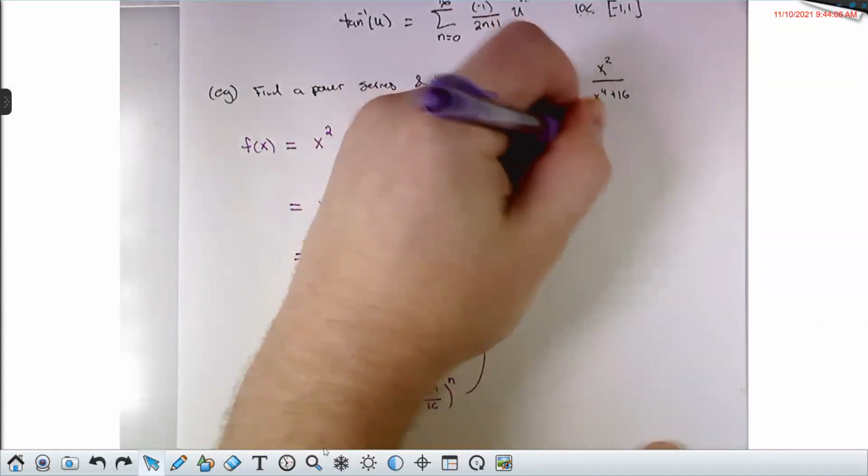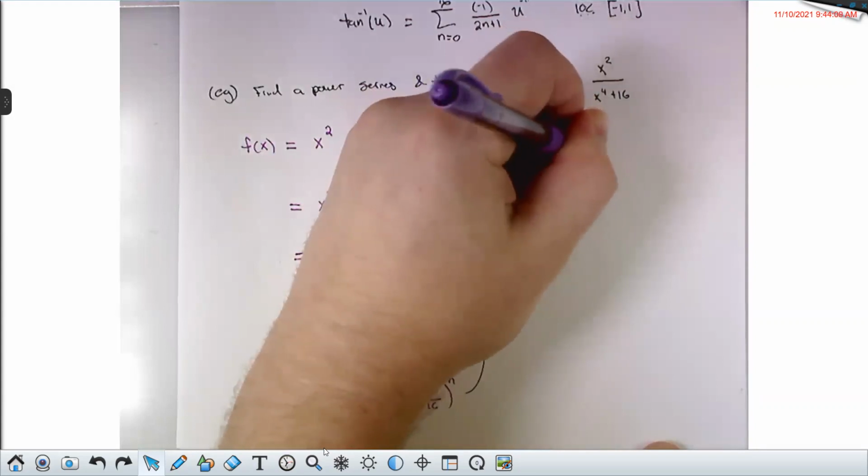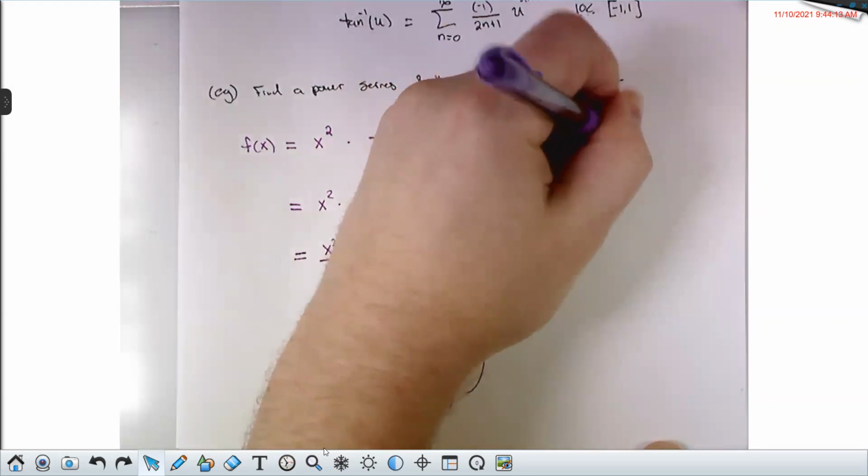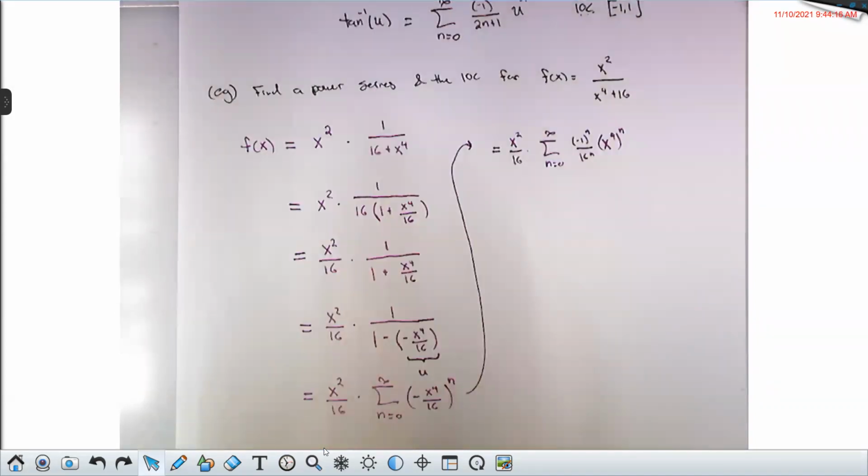That's negative 1 to the n over 16 to the n times x to the 4 all to the n. Just basically taking this thing, which is a bunch of stuff multiplied and divided, all raised to the n, and giving that nth power to each of the pieces. So the negative is the negative 1 to the n. The 16 here is the 16 to the n. And x to the 4 all to the n is x to the 4 all to the n.